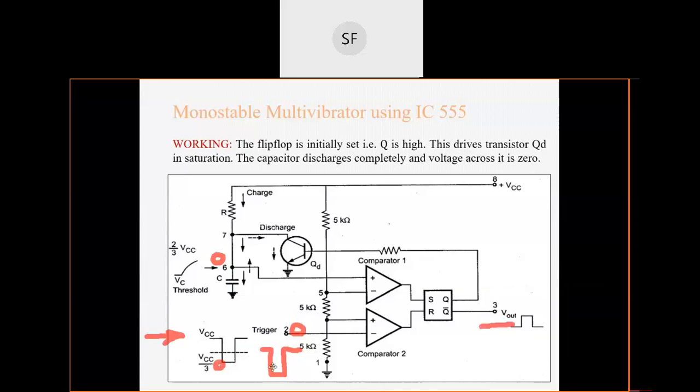Okay, and here you can observe the non-inverting terminal of your comparator 2 is connected to this point. What is the voltage at this point, if anyone can answer? What is the voltage at this point?